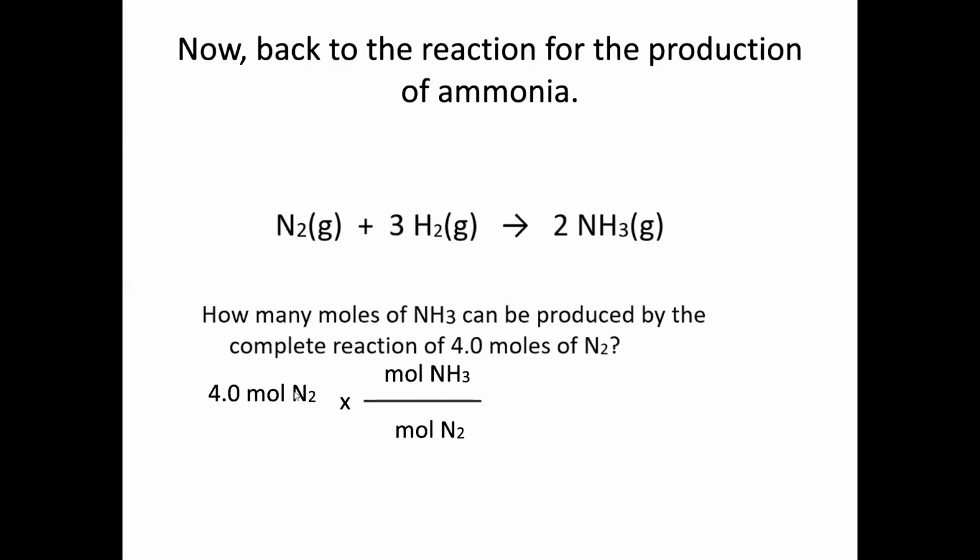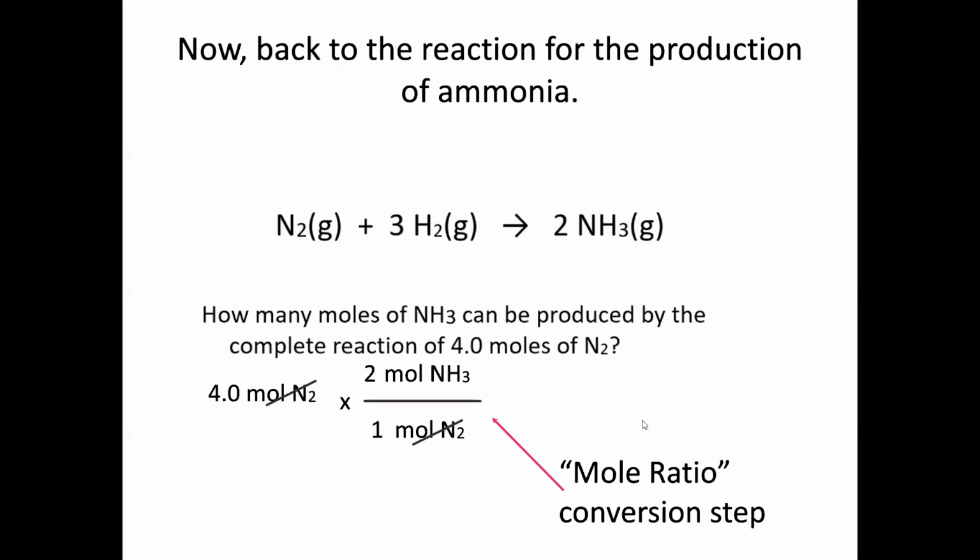So that same unit here is going to go on bottom for the problem. So that's 1 mole of nitrogen to 2 moles of ammonia. That's our mole conversion step. And as it pops out, we've got 8 moles.